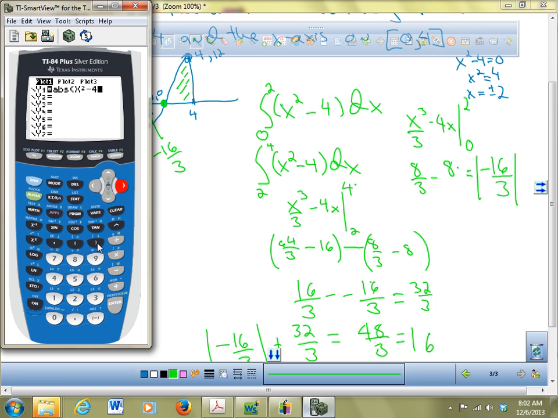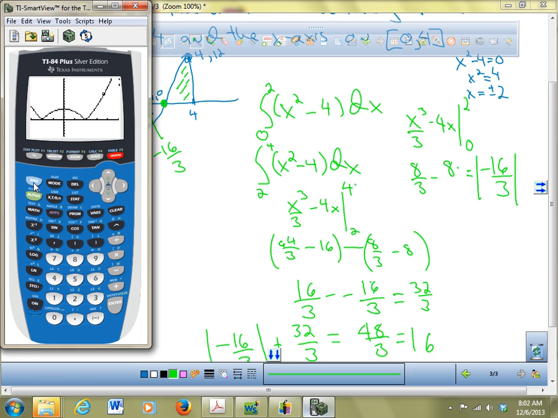So now, what this does, wherever the y values are negative, it's going to make that function positive. Right? So if I graph the absolute value of that function, it looks like that. Right? So instead of this going down here, anywhere it's negative, it pops up.